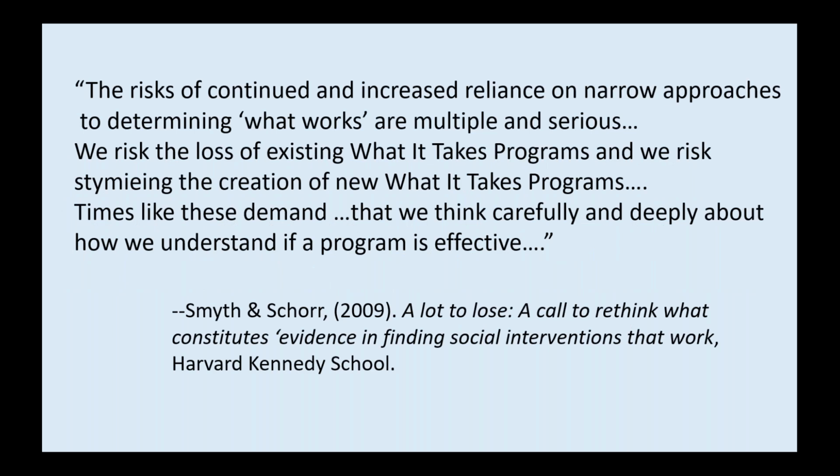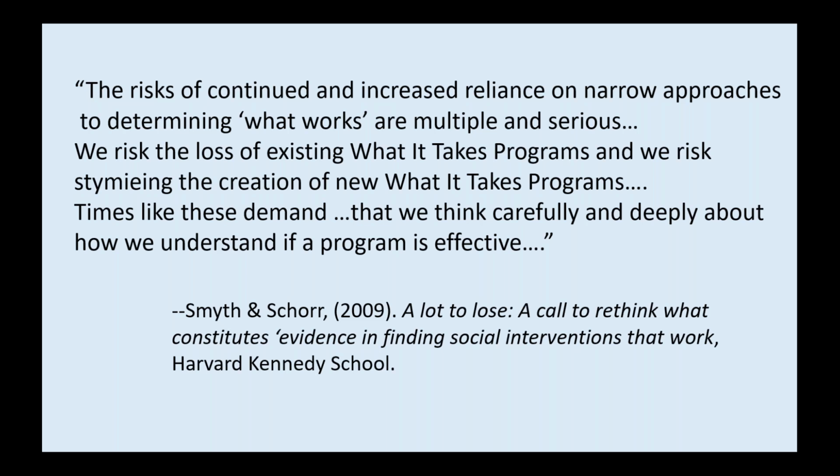In a 2009 Harvard Kennedy School paper titled "A Lot to Lose," a call to rethink what constitutes evidence in finding social interventions that work, Smythe and Score wrote, "The risks of continued and increased reliance on narrow approaches to determining what works are multiple and serious.